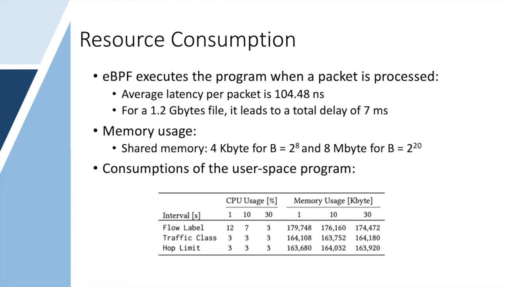Concerning the user space program, the performances are shown in this table. Specifically, we varied the time interval between subsequent reads of the eBPF map, considering 1, 10, and 30 seconds. In this case, the CPU usage depends on this interval, and the worst performance is measured for the case of the flow label with a high value of B, which was equal to 2 to the power of 14.